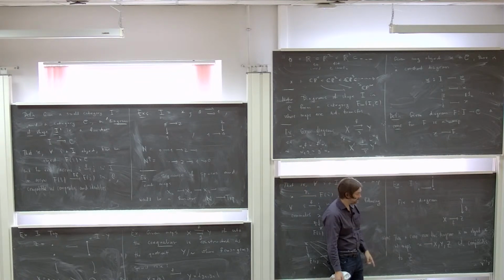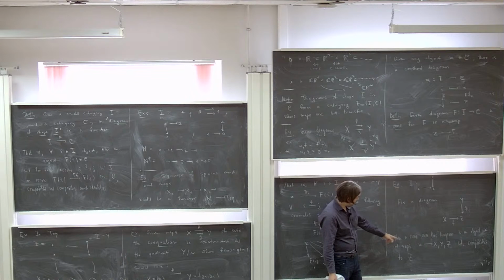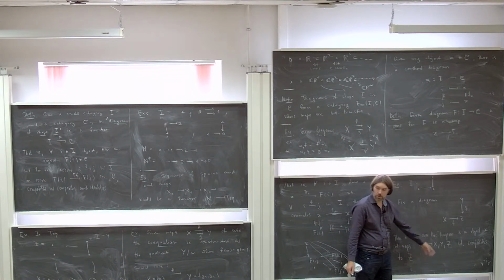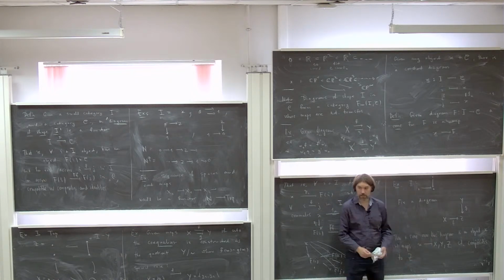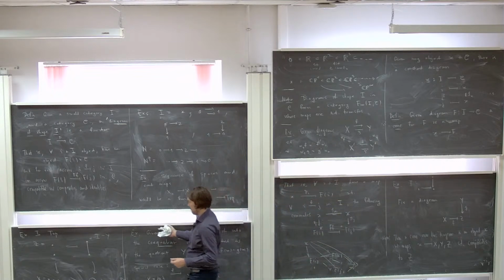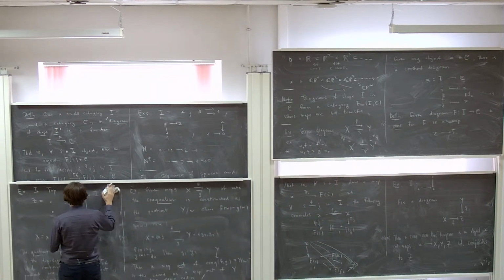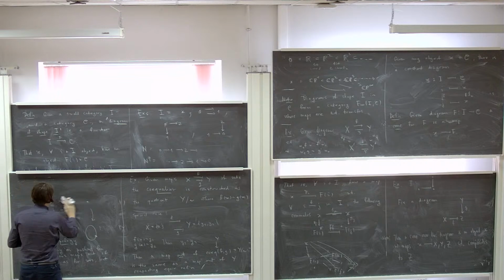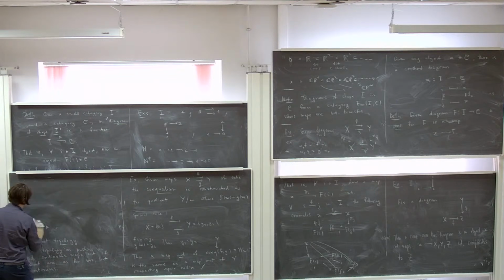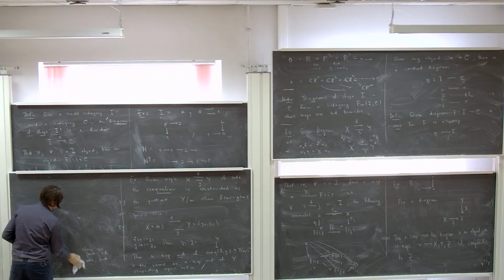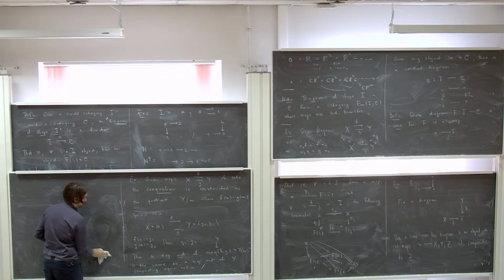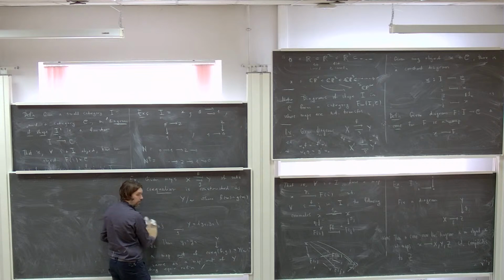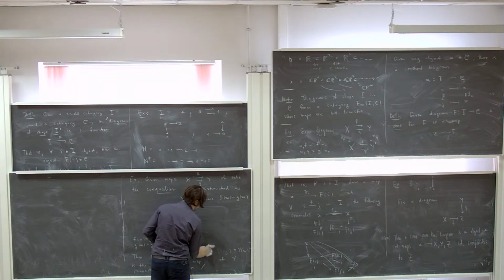I pick the object. Then I provide a bunch of maps that commute in some way. That's the data of the natural transformation. There's neither more nor less data in a constant diagram than the choice of an object. That is correct.